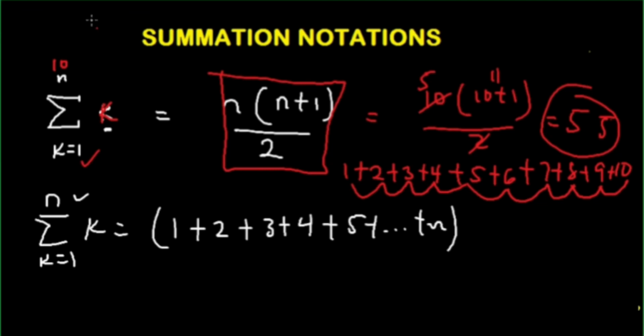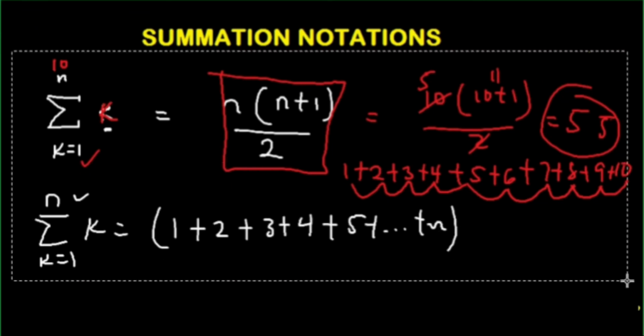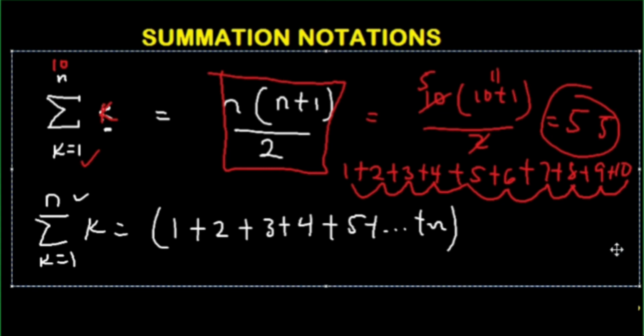Now, what if you have another property? What if you're asked to do 1 squared plus 2 squared plus 3 squared plus 4 squared plus 5 squared to a specific number? What will you do? That's another property. Suppose you are asked to sum k squared going to n starting from 1. Make sure it's starting from 1, though, because if you start from 2, this might not really work.